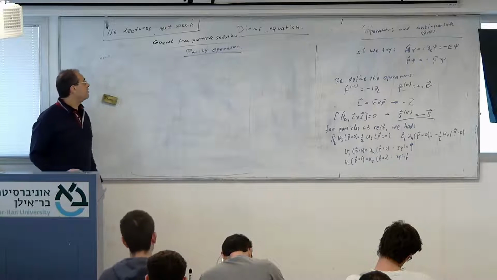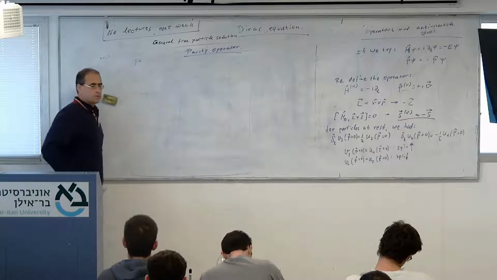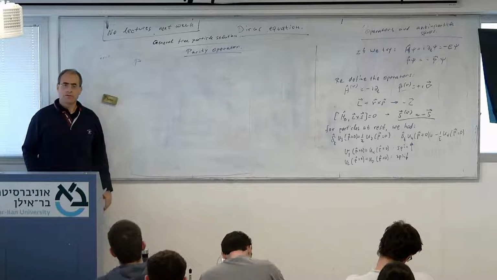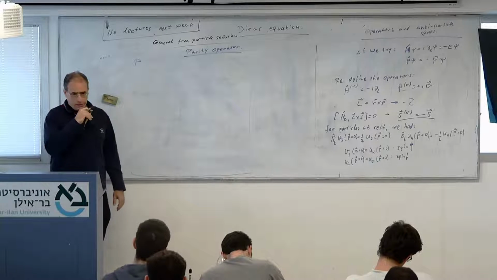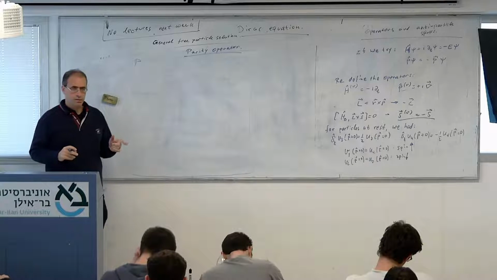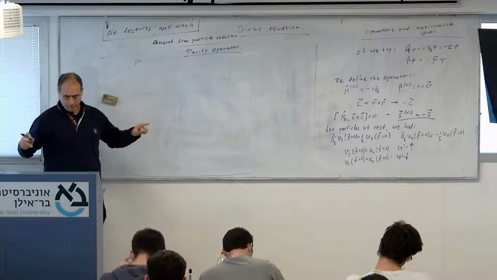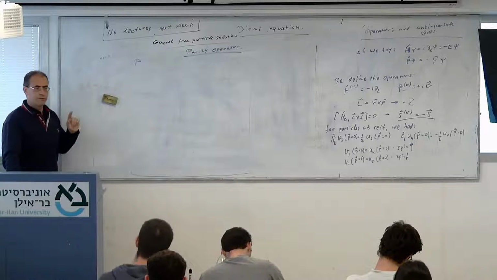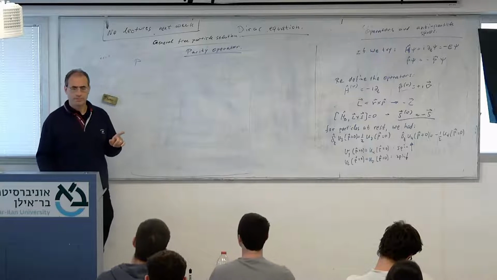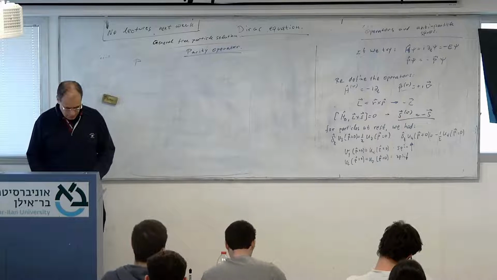I said that the parity operator is quite central, right? Because in all the QED and QCD processes, so basically all the electromagnetic and strong interactions, it is conserved. It is not conserved in weak interactions. They violate it.